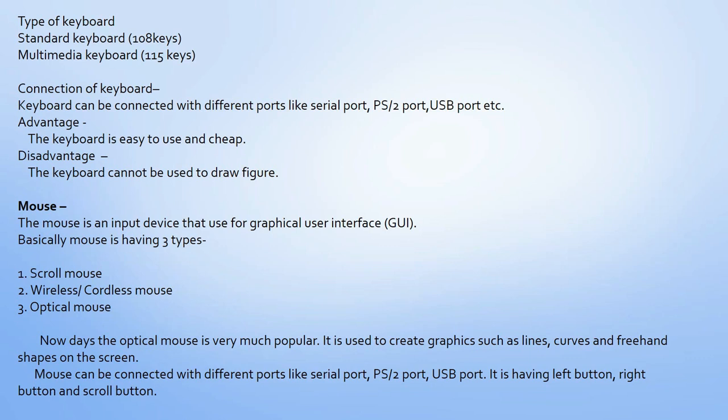Okay. Mouse. The mouse is an input device used for graphical user interface. That means the keyboard is related to the character user interface, whereas the mouse is related to the graphical user interface, shortly pronounced as CUI and GUI. Now, the mouse has three types: scroll mouse, wireless or cordless mouse, and optical mouse.